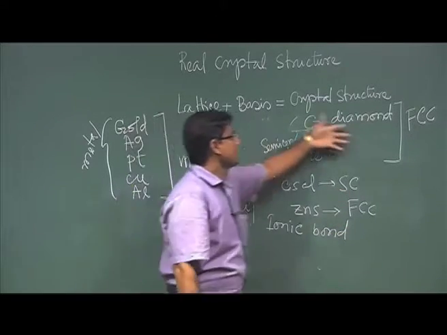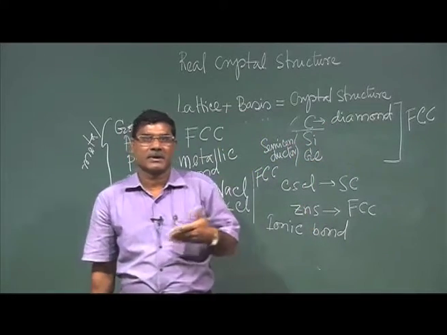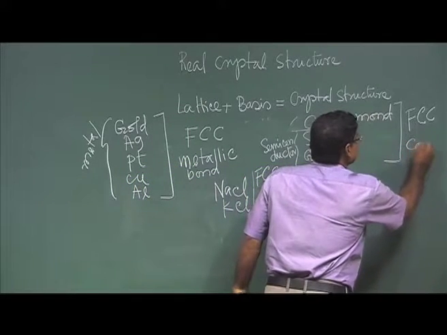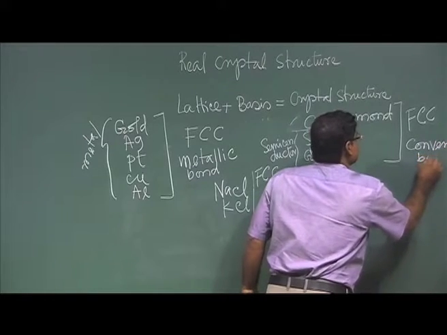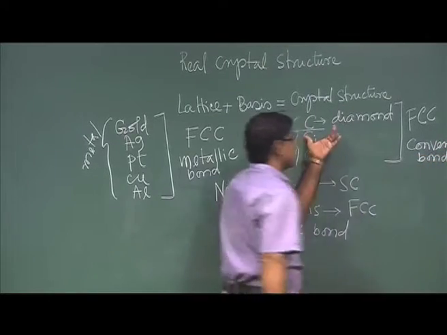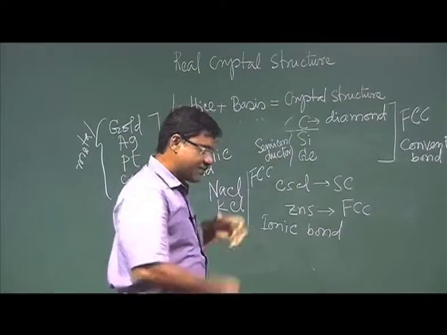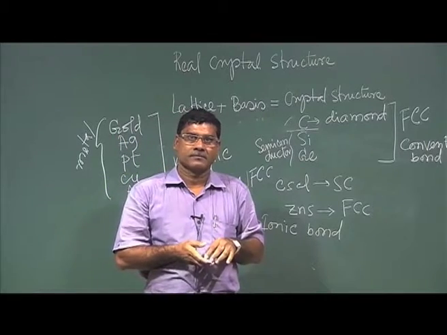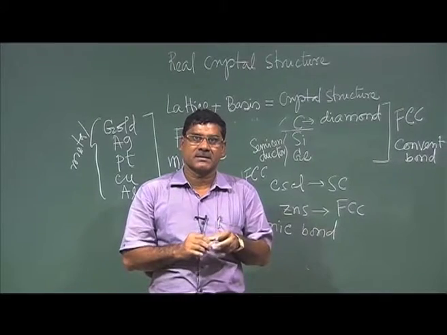And for this diamond, silicon, germanium, here this covalent bonding is responsible for this type of structure. So, same FCC, but different structure based on the distribution of the bases.